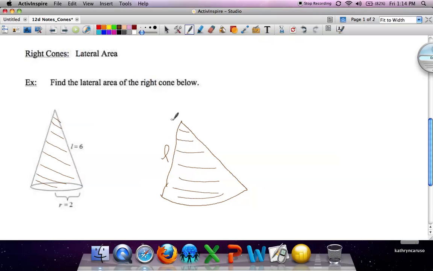What would this be a part of? If I make a dotted line here, you can think about the unwrapped lateral area of a cone as being the sector of a circle that has a radius of L. So if we can find the area of this sector, we can find the lateral area of the cone.